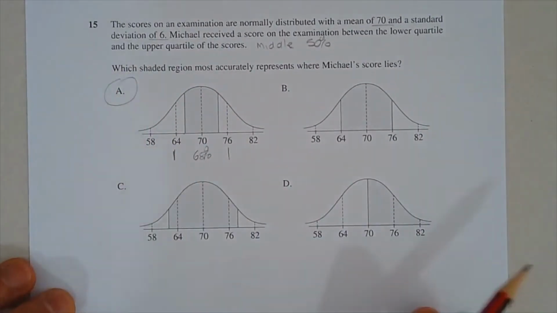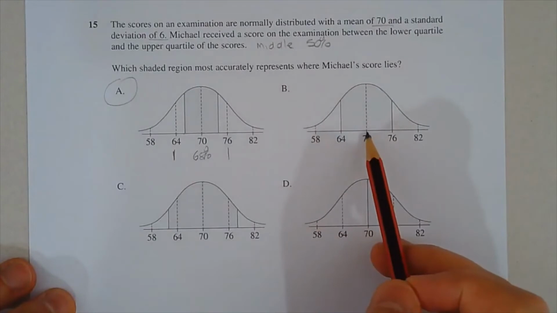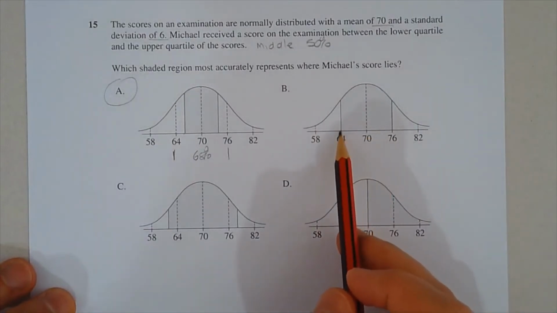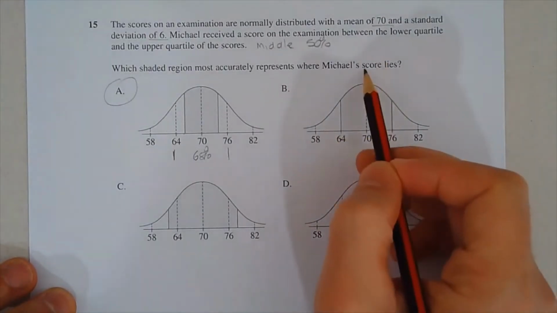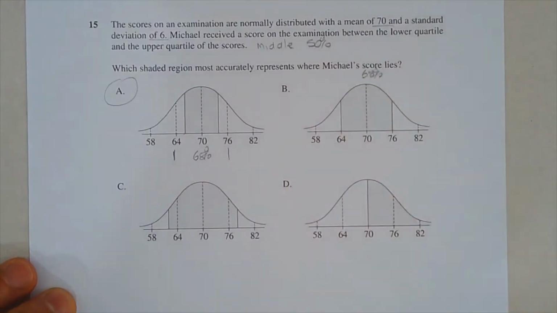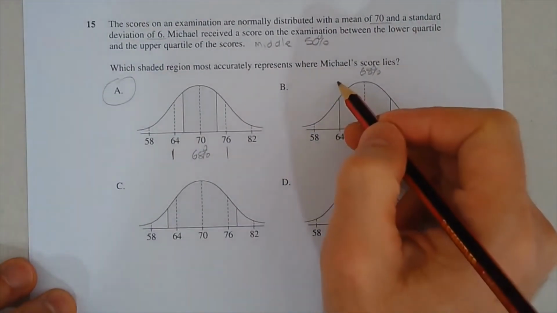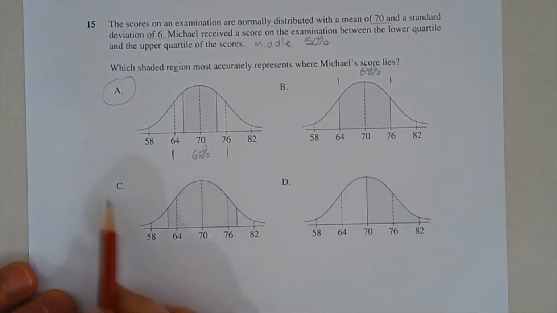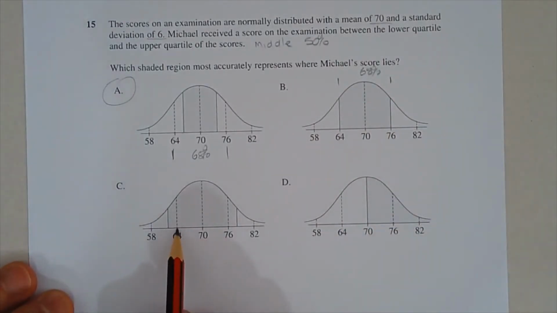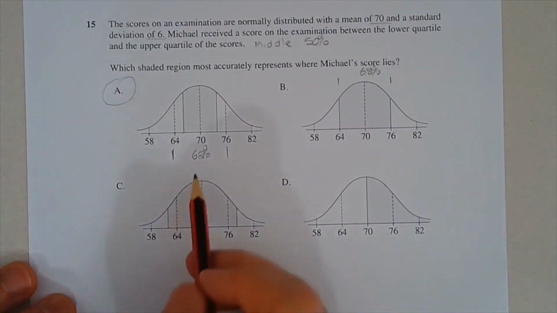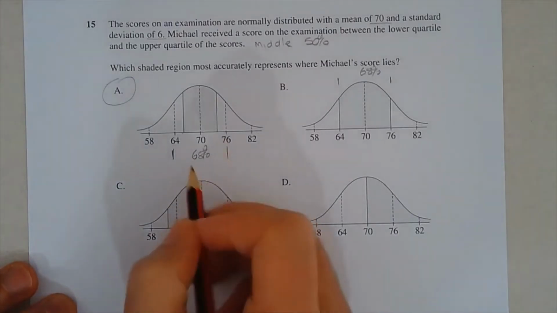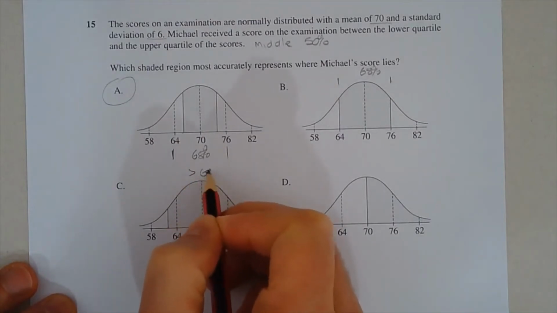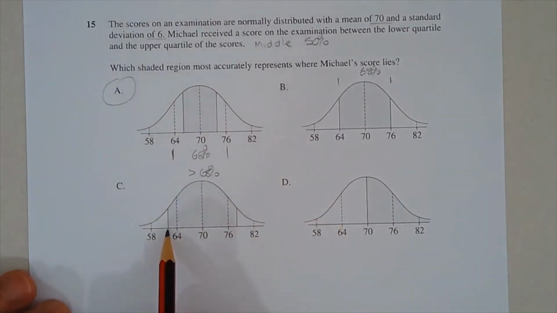Just while we have some time, let's have a look at option B. Option B is incorrect because from 64 to 76, this is 68. Again, 68% of the scores lie between here and here. Option C, this is beyond plus or minus 1 standard deviation. In fact, this is greater than 68% of the scores because we've actually gone beyond plus or minus 1 standard deviation.